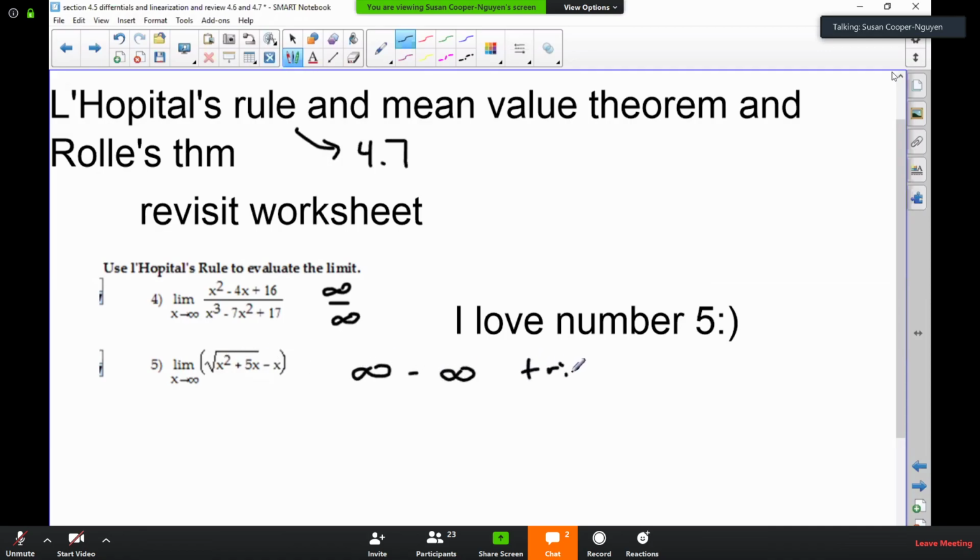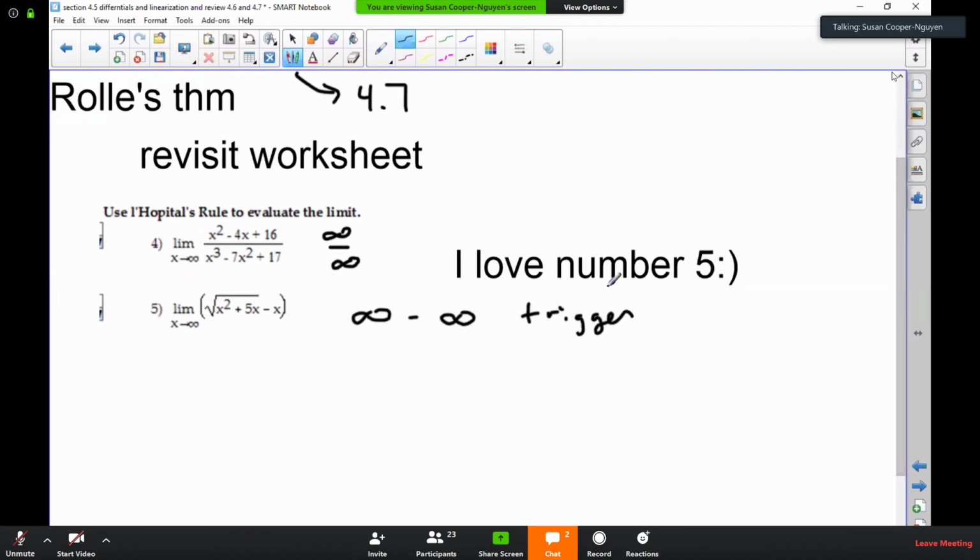That's basically your trigger. Either this or this, any of those indeterminate forms is your trigger to use L'Hopital's rule. Granted, this one blatantly says to use it. So let's see how that works. The trick to L'Hopital's rule, though, is that you need a quotient. Big note to self: you need a quotient, meaning a fraction, before you operate.